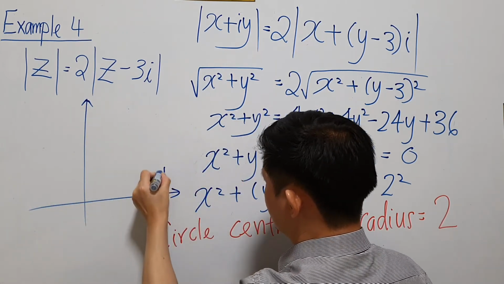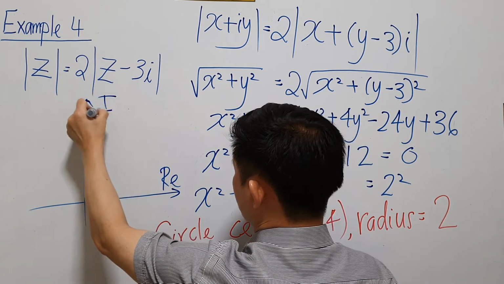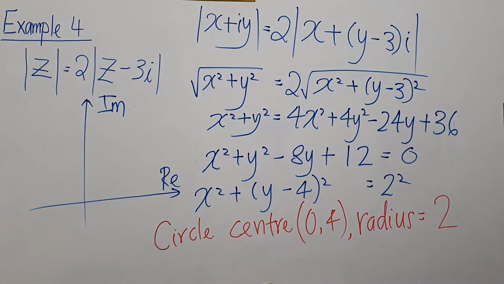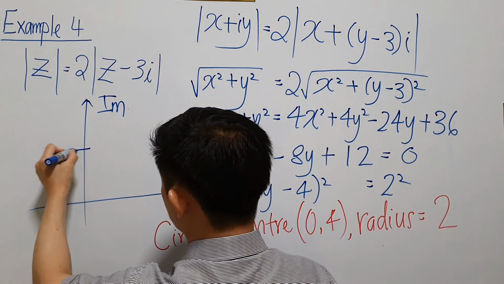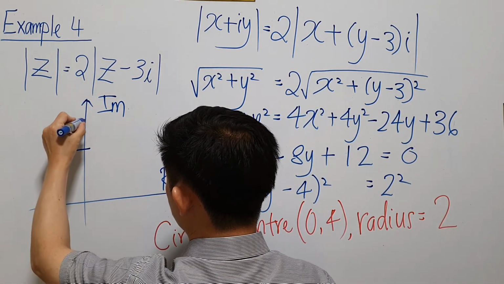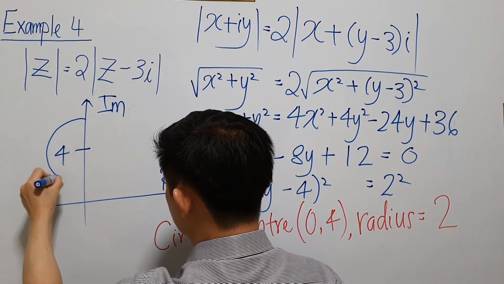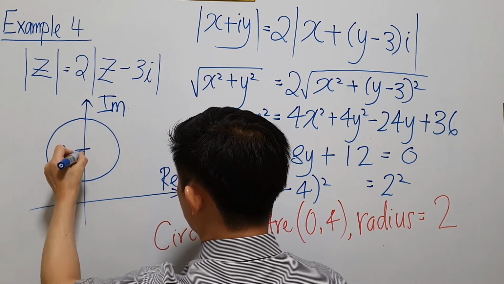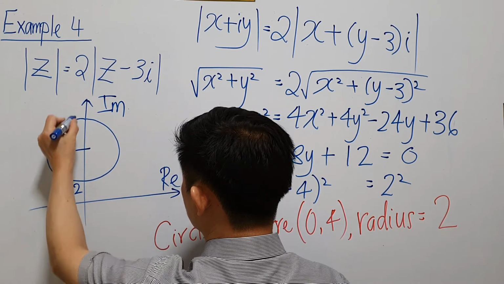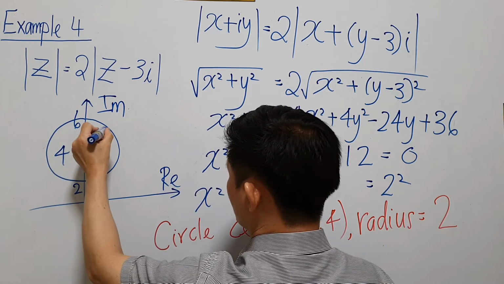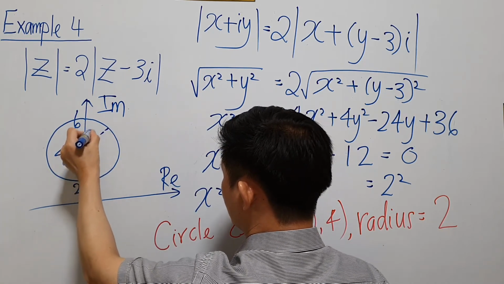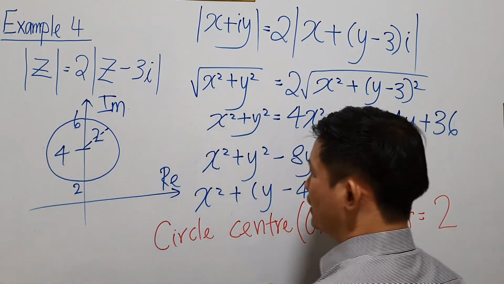This is my real axis again, real and imaginary axis. The center is at 0, 4 and the radius is 2. So 0, 4 is here. It's going to be a circle that looks something like this. This is going to be 2 and this is going to be 6. You have to demonstrate that this radius is actually 2.